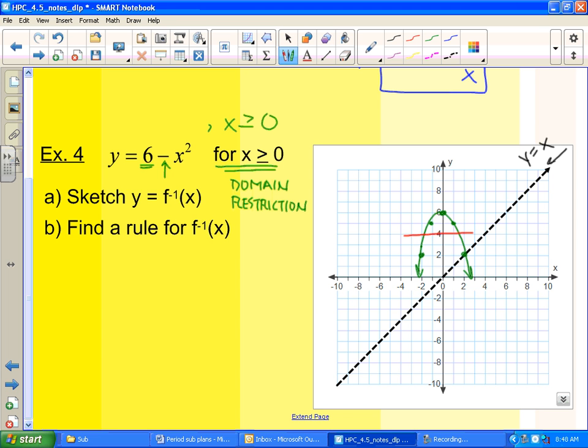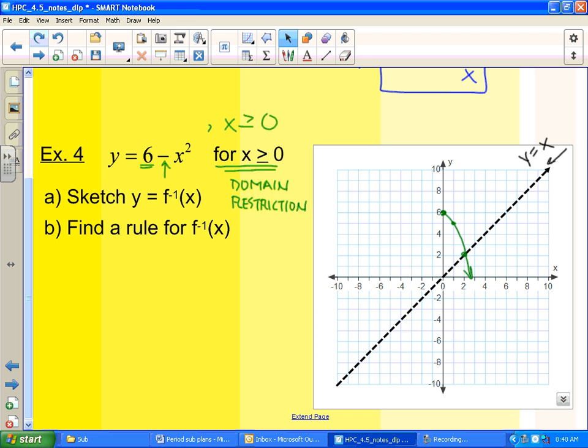Doesn't pass, not going to give me an inverse. So what we do is we restrict the domain, and this says to only look at the x's that are positive and 0, which means we're looking at the right side of that parabola. So we're going to get rid of this other side. Now I have a graph that will pass the horizontal line test.